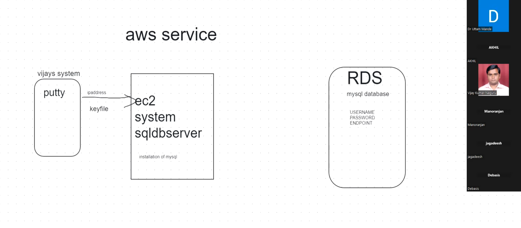So from this EC2 system, he connected with the RDS using the MySQL command, using the MySQL client: mysql -u admin -p -h and the endpoint of RDS.